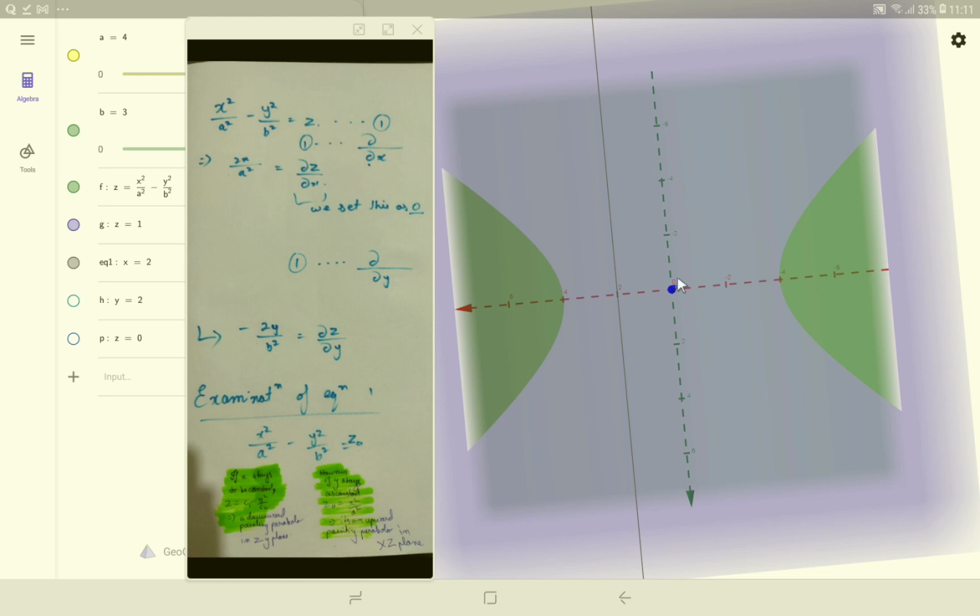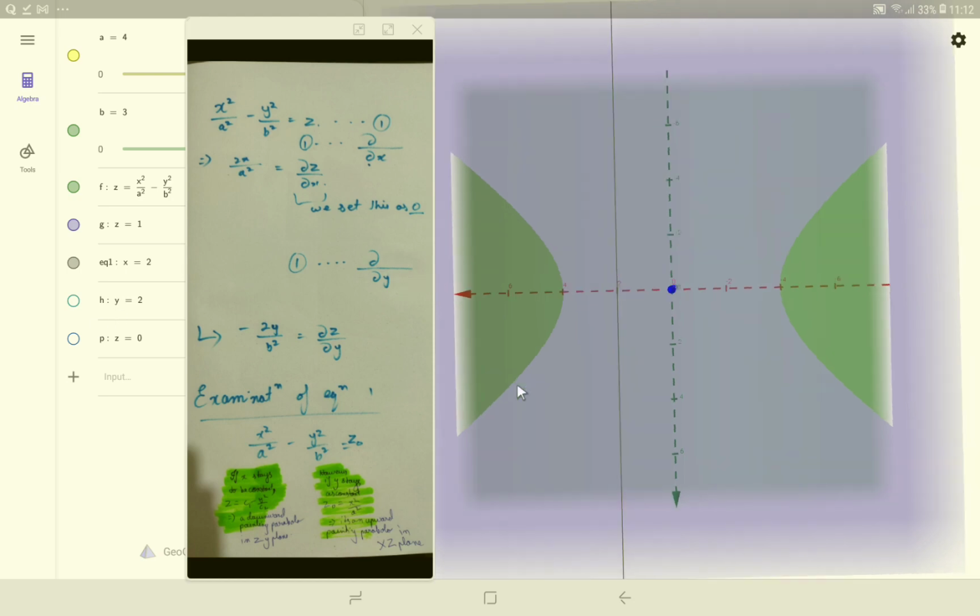What that means is, for a given hyperbola, you can make infinite sets of parallel chords, right? For this particular case, I'm taking the chords to be parallel to the y-axis, and it goes till infinity like this. And when you join their midpoints, you will end up with the x-axis.